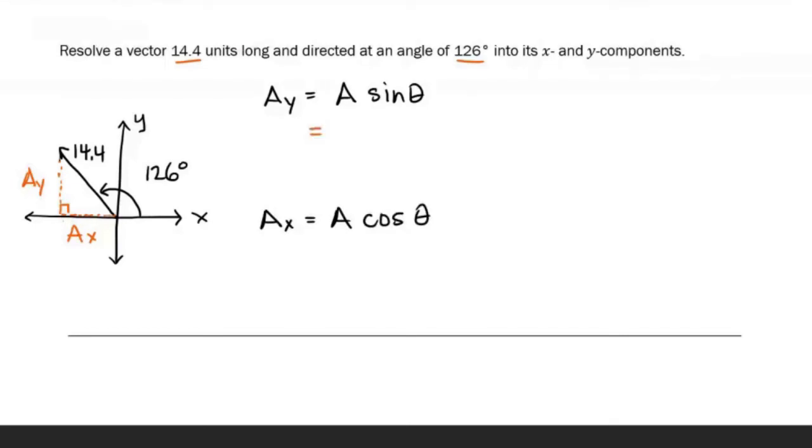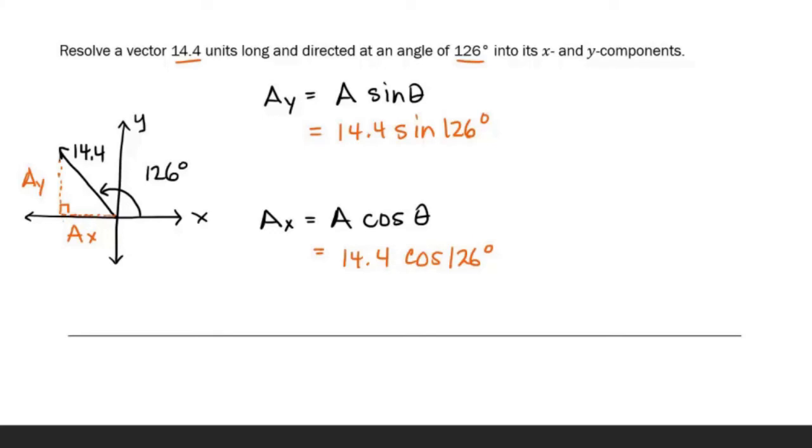For us, therefore, we'll find the y component by taking 14.4 and multiplying that by the sine of 126 degrees. And we'll find the x component by taking 14.4 and multiplying that by the cosine of 126 degrees. Before I run this calculation, what do you expect for these answers?